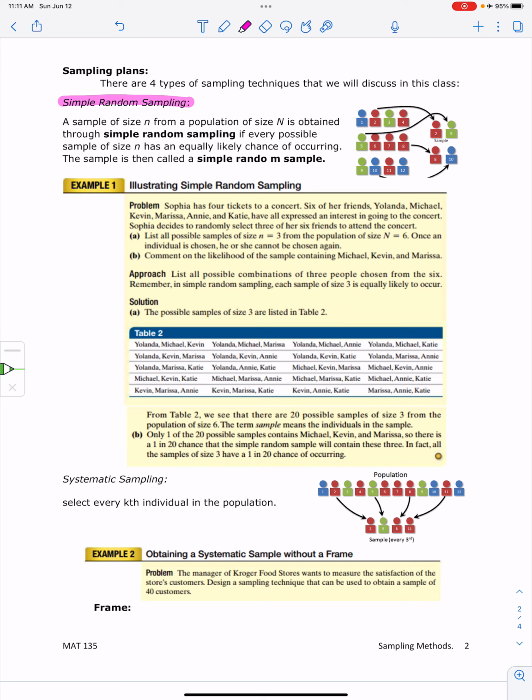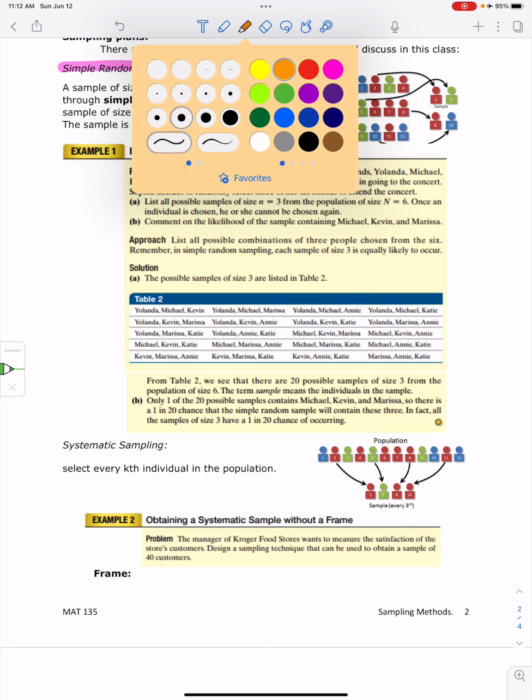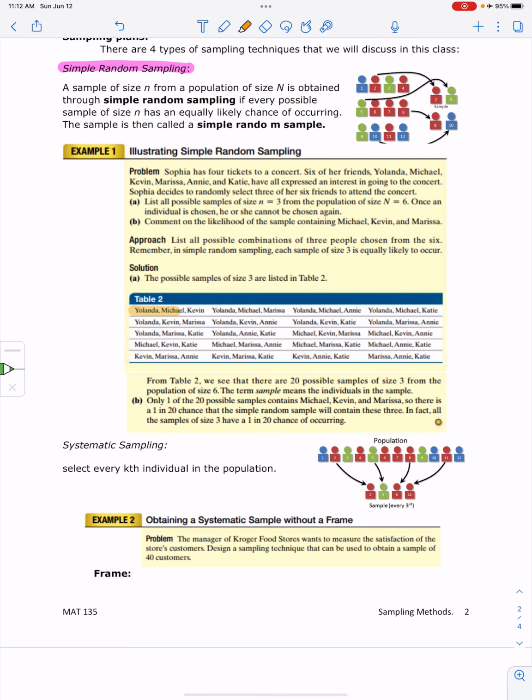So we have example 1. I am not going to read this to you. There is something that I do want to point out though. If we are talking about every possible group of 3 from her 6 friends, then each of these groups of 3 is a separate sample. Okay.